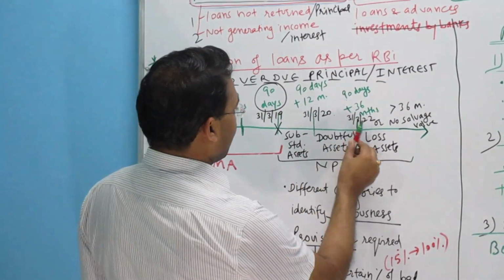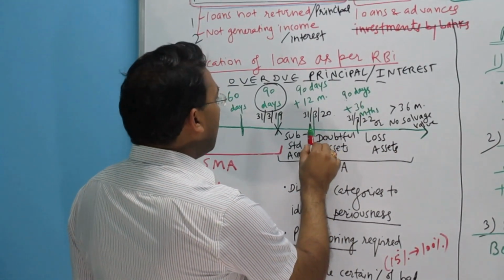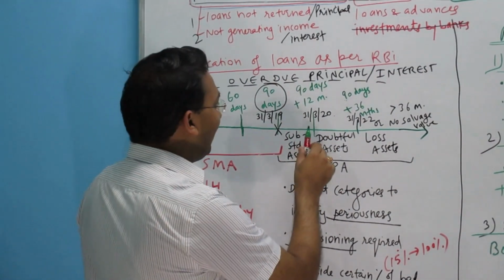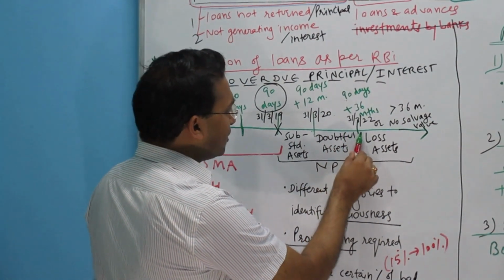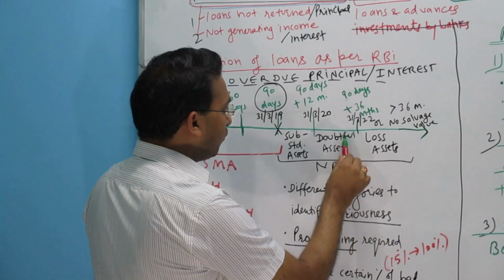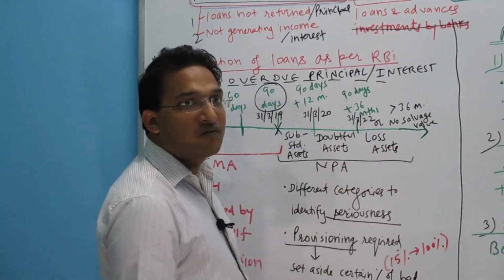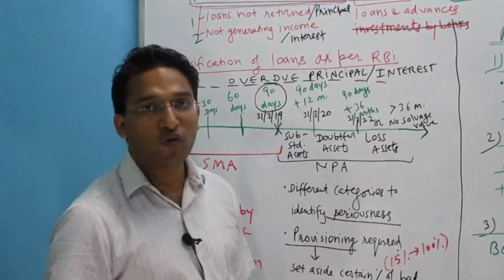For the next 2 years, from the 31st of March 2020, in other words, when the account remains classified as NPA for more than 12 months and up to 36 months, this NPA is called a doubtful asset, right? So from 31st of March 2020 to 31st of March 2022, this account will be called a doubtful asset.